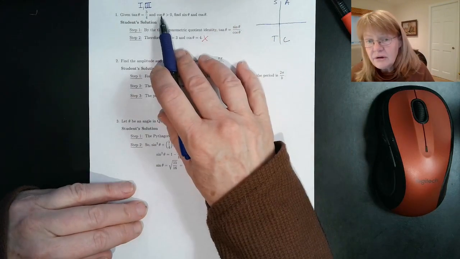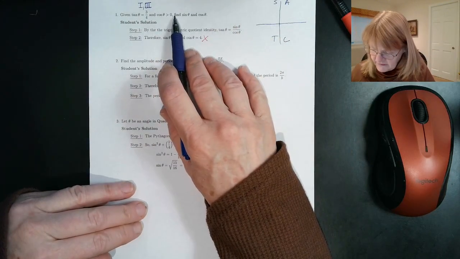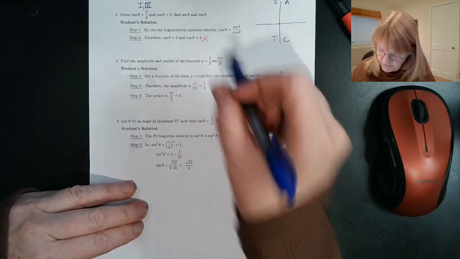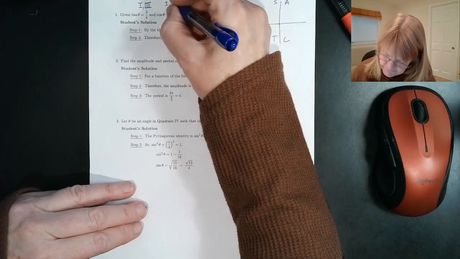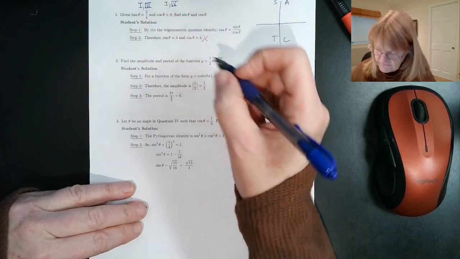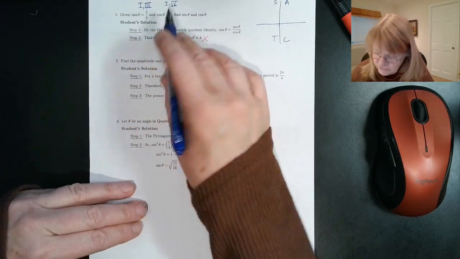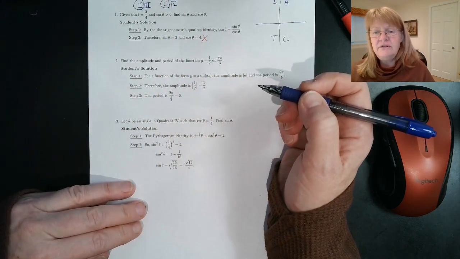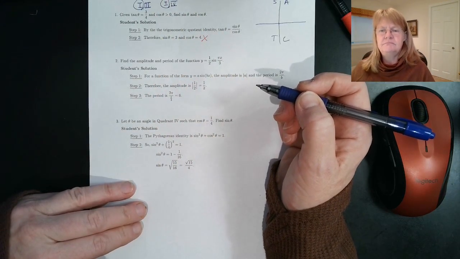We're also given that cosine theta is greater than 0, and cosine theta is greater than 0 in quadrants 1 and 4. Since both of these conditions are true, we know that the angle is in quadrant 1.